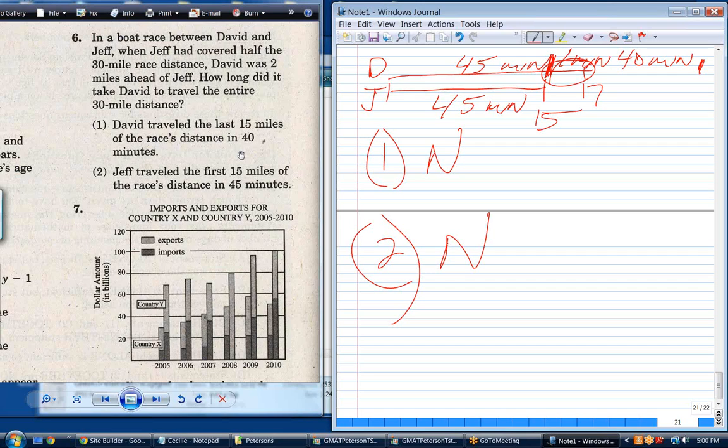Jeff traveled the first 15 miles of the race in 45 minutes, which means David went the first 17 miles in 45 minutes. Now, I don't know. I'll think about this. If I come up with any new thoughts, I'll let you know. But at the moment, I have to say E, but I have my doubts.